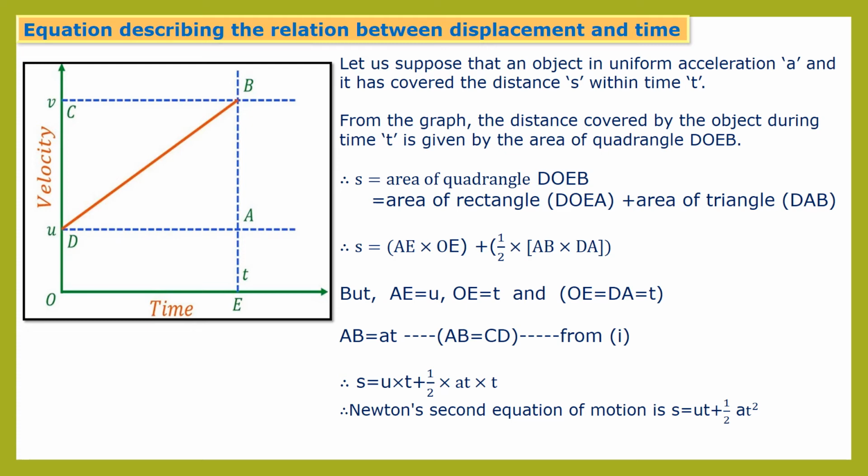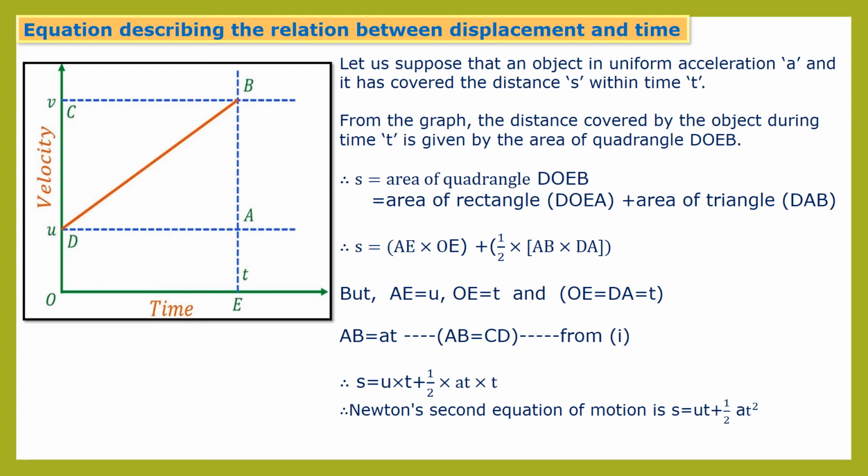So AB is equal to 80, because AB corresponds to CD, and in equation number 1, or Newton's equation number 1, we have calculated, children, CD is equal to 80. Now AB is equal to CD, so AB is equal to 80.